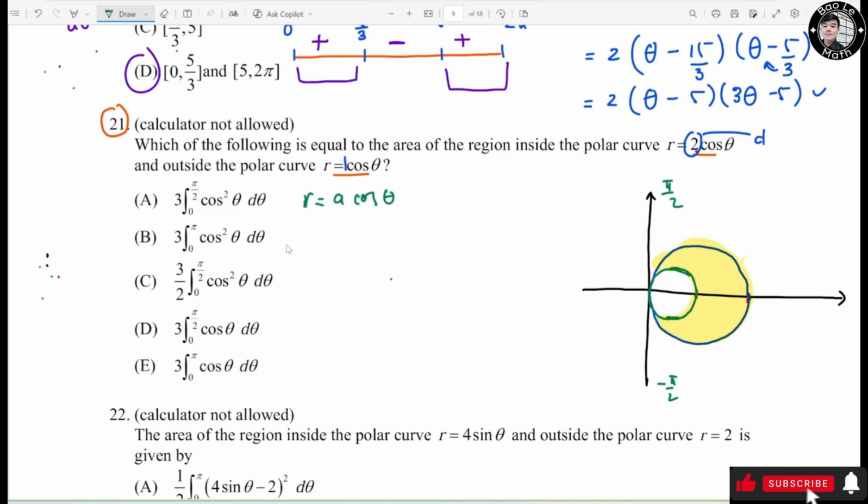So we have the formula: area equals 1/2 the integral from negative pi over 2 to pi over 2 of the outer radius, which is 2 cosine theta, all squared, subtract the inner radius, which is cosine theta, all squared, d theta, right?